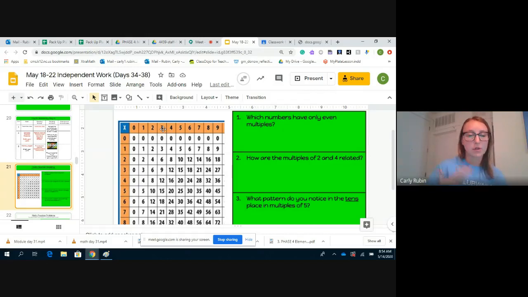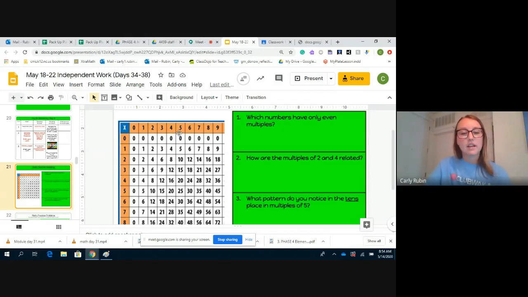That's an odd number, so already that can't have only even multiples because it's going to start with an odd number. 4 is another even number, so as I move down, I can see 4, 8, 12, 16, 20, that only has even numbers as their multiples. If you look at the ones place, all those numbers are even. 4, 8, 2, 6, so those are all even multiples.